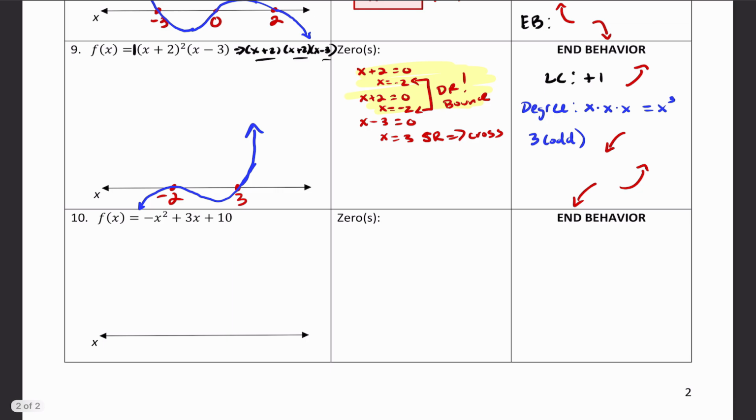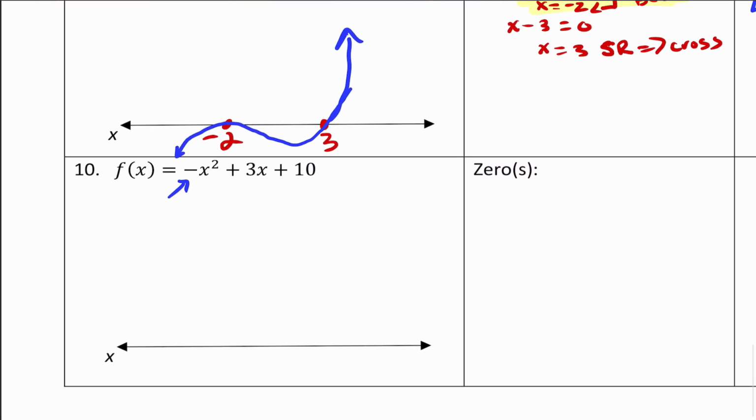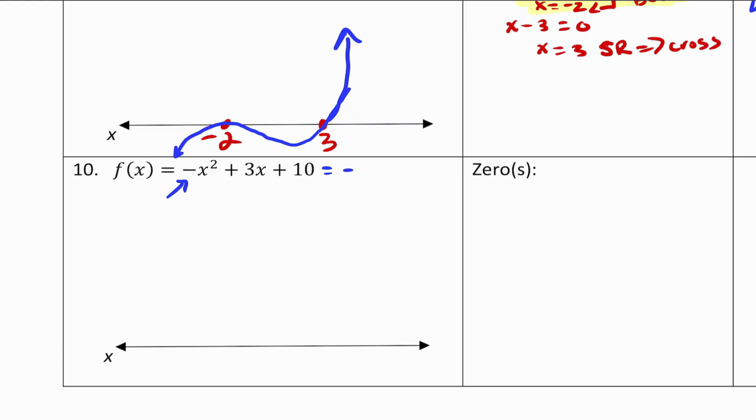Okay, moving on to our last problem. We have f of x is equal to -x squared plus 3x plus 10. Now, notice that this function is in standard form, and right off the bat, we have a negative. So I'm going to factor the negative out. So we have negative times x squared minus 3x minus 10.